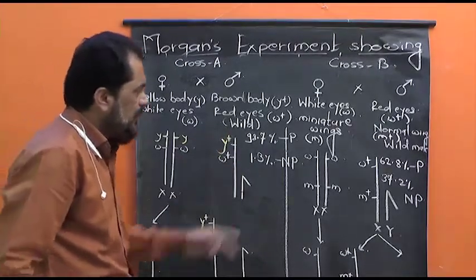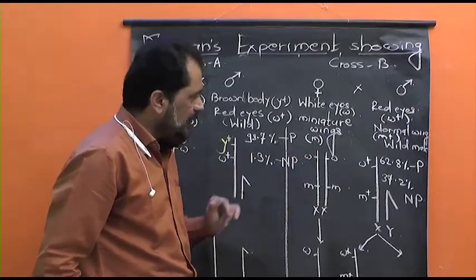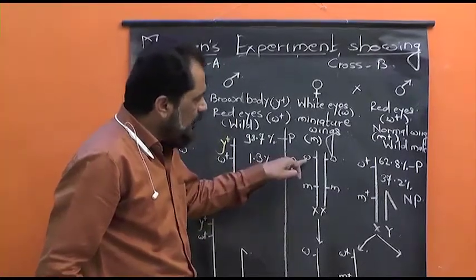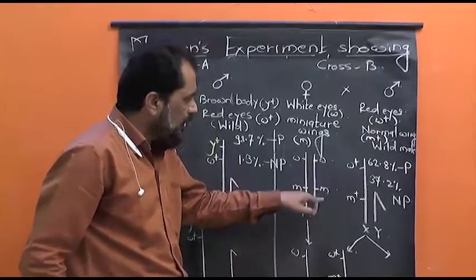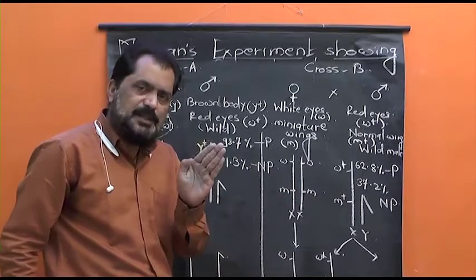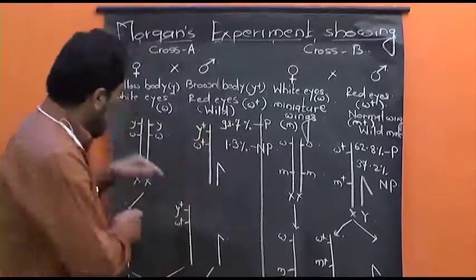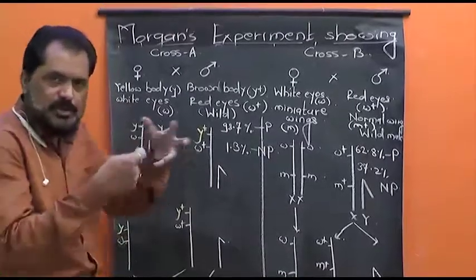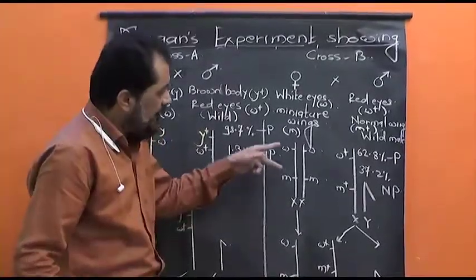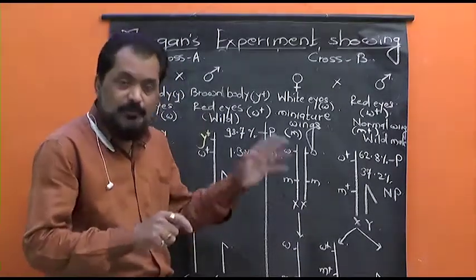On the other hand, in this condition, please notice, W plus and M plus are present on the same chromosome, but they are not strongly linked, just like Y and W. They are placed on the same chromosome, but apart from each other.